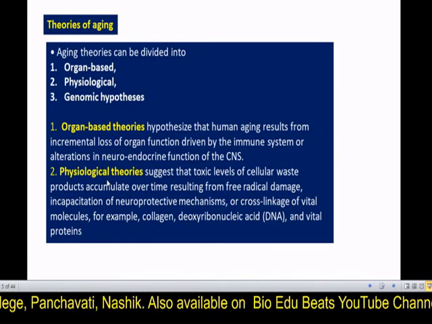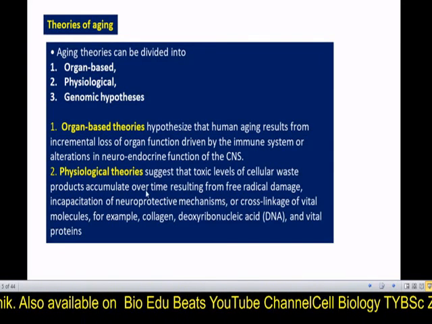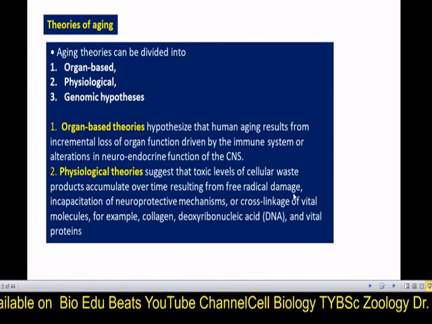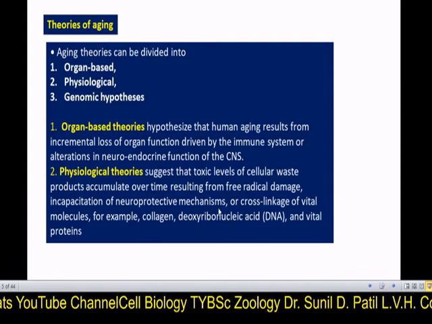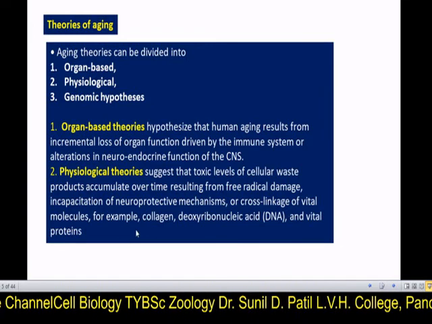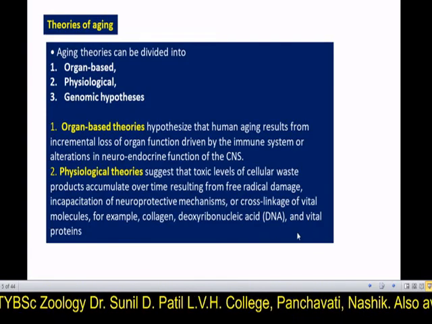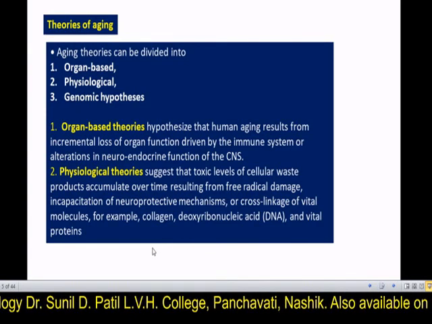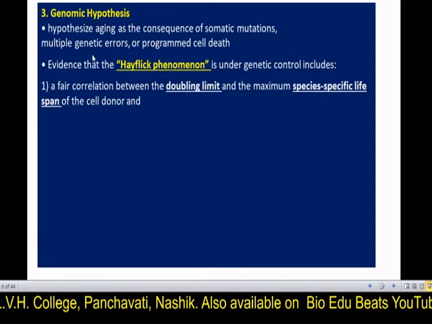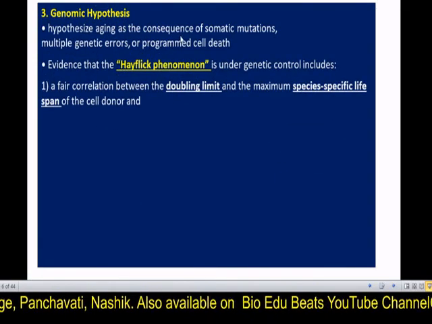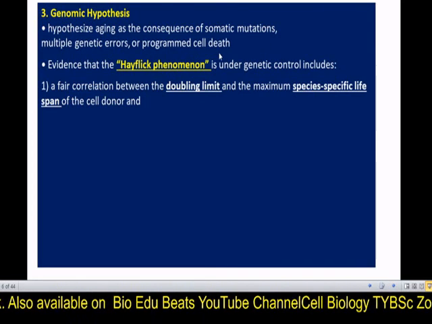The physiological theory group suggests that toxic levels of cellular waste products accumulate over time, resulting from radical damage, incapacitation of neuroprotective mechanisms or cross-linkages of vital molecules, for example collagen, deoxyribonucleic acid and vital proteins, which get damaged. And the third, the genomic hypothesis group, hypothesizes aging as a consequence of somatic mutation, multiple genetic errors or programmed cell death.